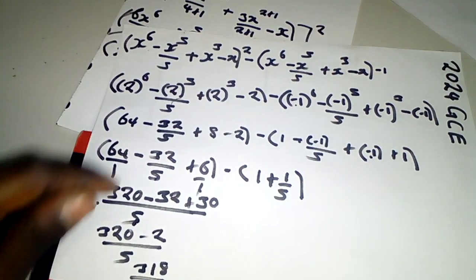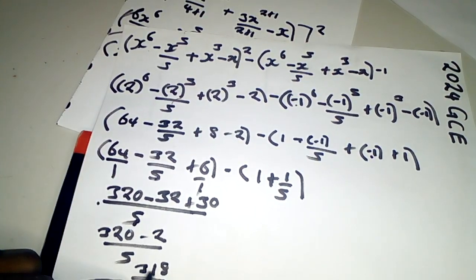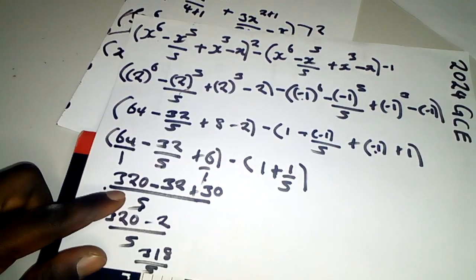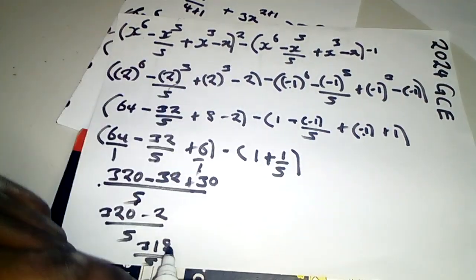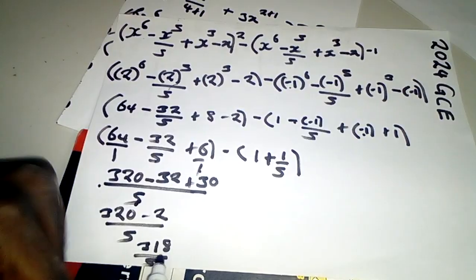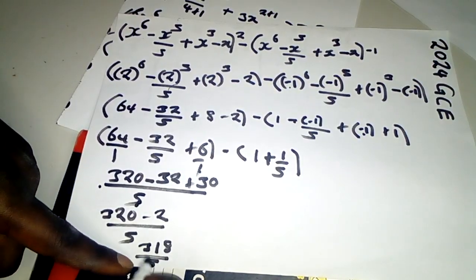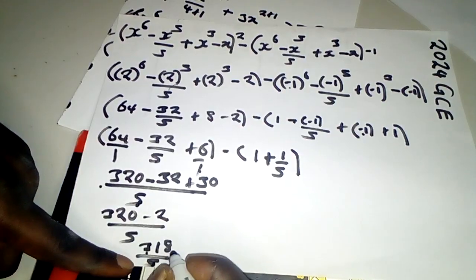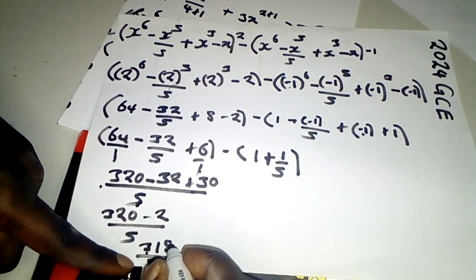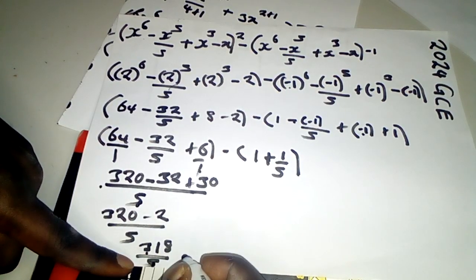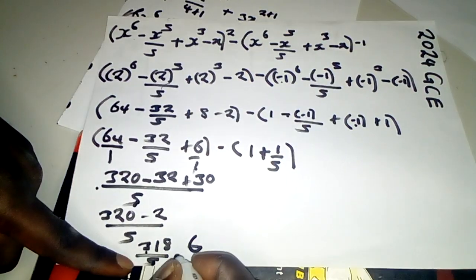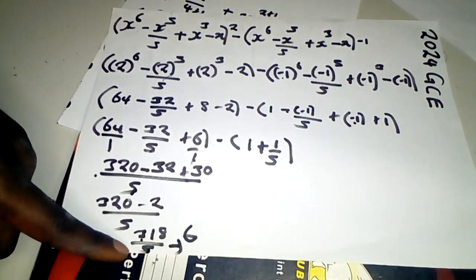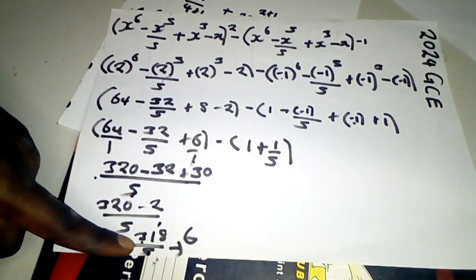So if we divide 5 into 318, what is the answer? So we can say divide by 5 into 3, it can't. Add the 1, 5 into 31, we are going to get 6, and remainder 1.